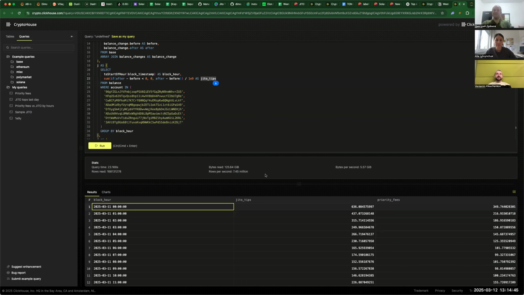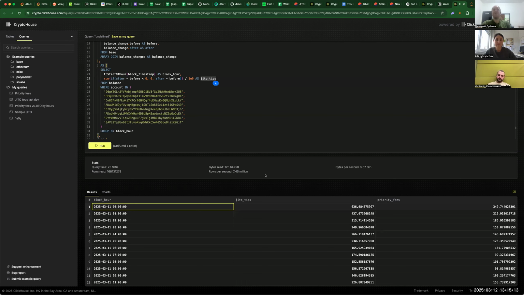Why does JITO have eight accounts? Why not just one account? I don't really know, but I guess there are some limitations on how many transactions you can have with the same account as an address.